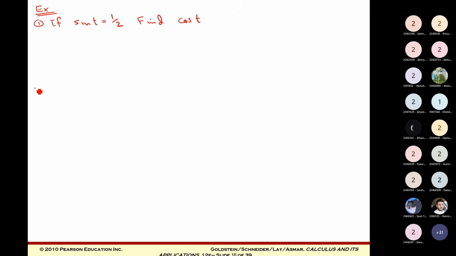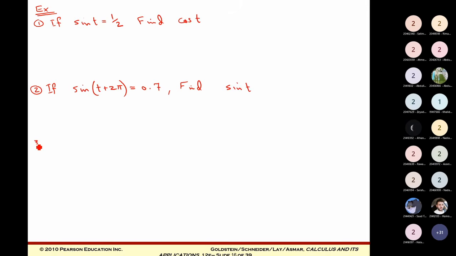Number 2: if sine of t plus 2 pi equals 0.7 radian, we need to find the sine of t.